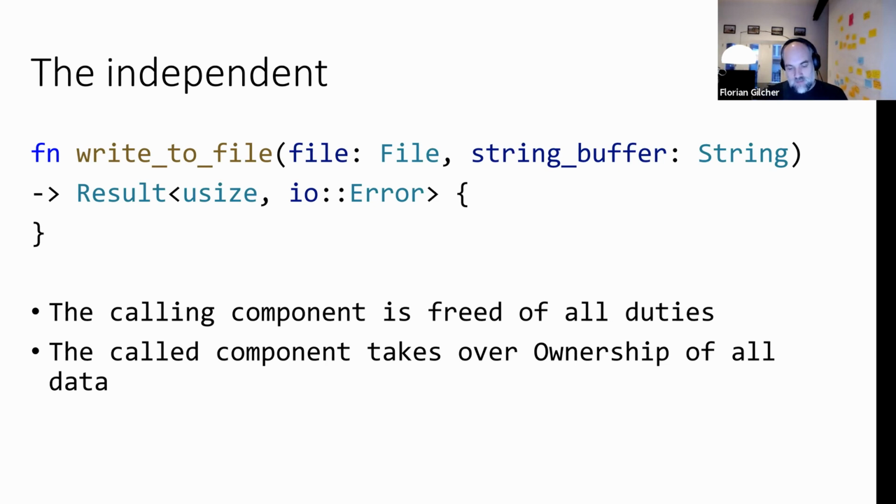So this means the two components only have this one touch point, and the first component gives over all management duties to the other one the moment it is called. So we have a clear handover, and after that touch point, they don't need to know anything about the internals. They just negotiate at this point file and string.